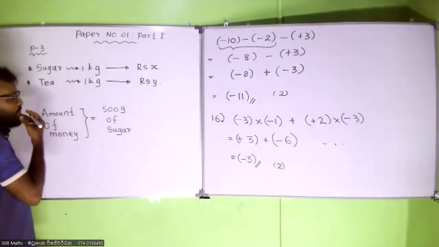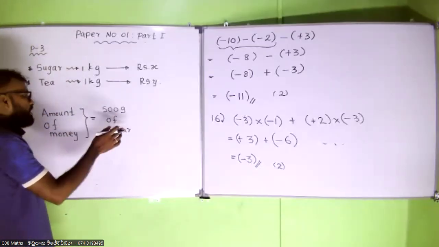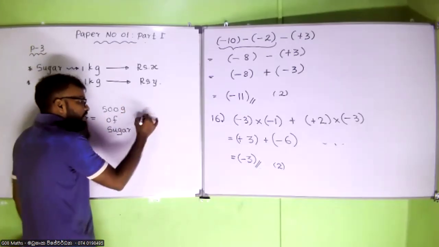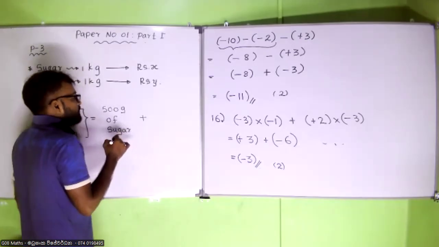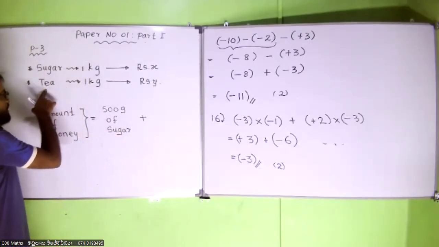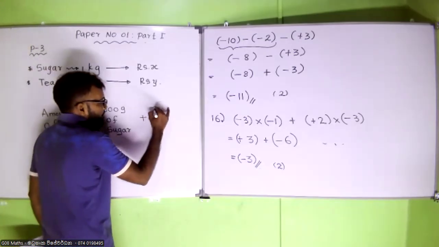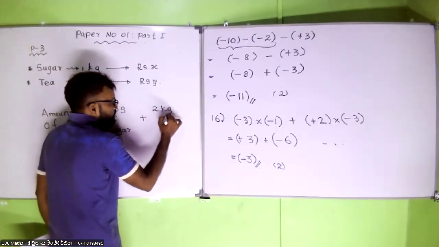We can write the price of 500 grams of sugar. And we have to add that to the price of 2 kilograms of tea.